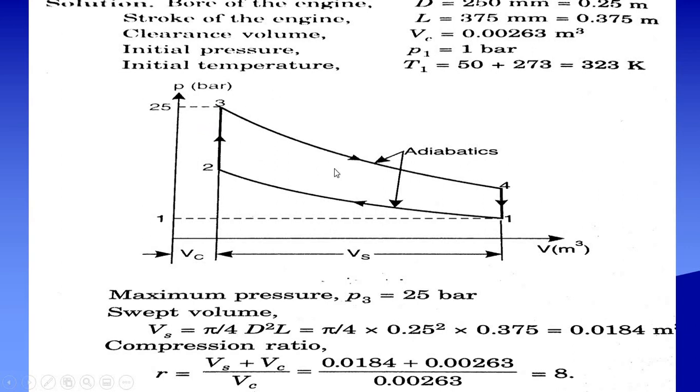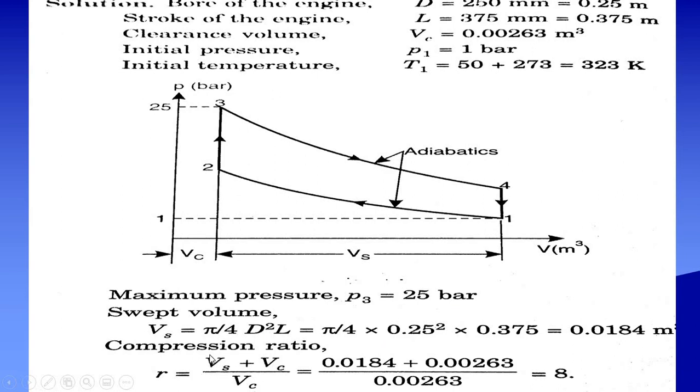So P3 is 25 bar. Vs is equal to area into length; area is pi by 4 D square, into L. D, the diameter, is known to you, and the length. Then the compression ratio R is (Vs plus Vc) by Vc.